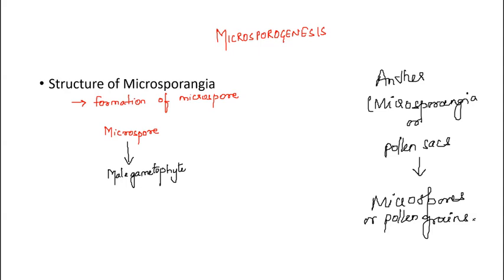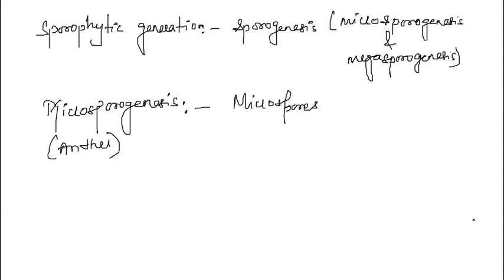So what did we study till now? We studied that the life cycle of the angiospermic plant is haplodiplontic. They show the alternation of sporophytic generation and the gametophytic generation. We are starting with the sporophytic generation, where we have to study microsporogenesis and megasporogenesis.